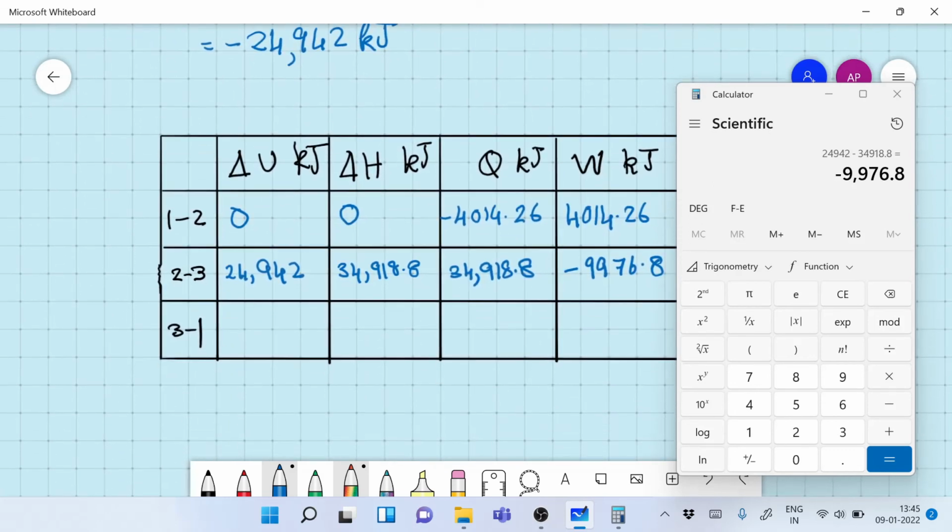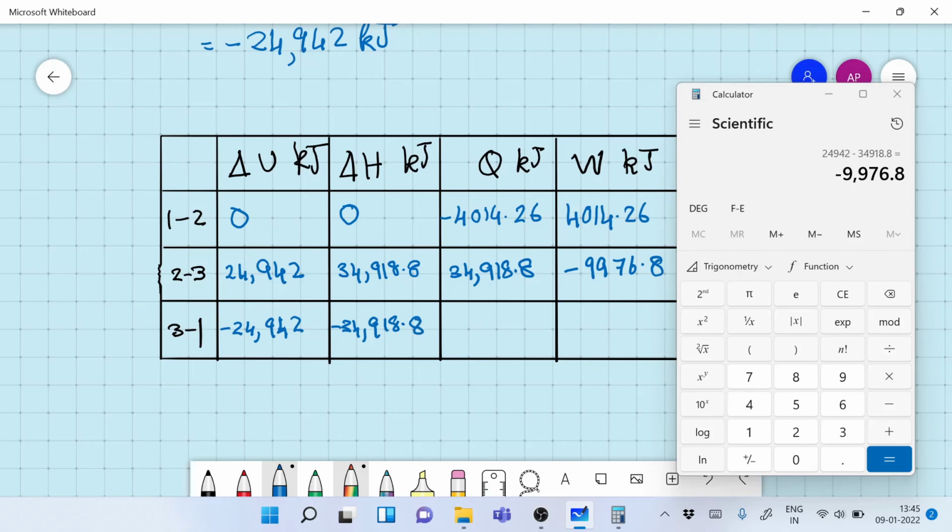So let's note it down, minus 24,942, and of course delta H will be minus 34,918.8.